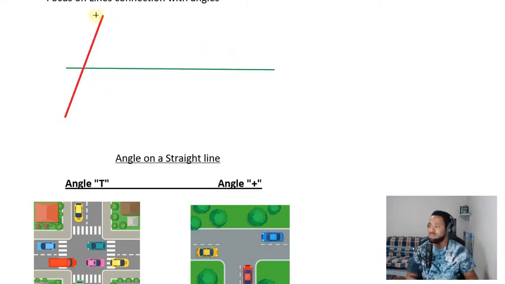So it starts from here, which is usually at, let's say, 1 degree, this is 2 degrees, 3 degrees, 4 degrees, 45 degrees, goes up to 85 degrees, and then 90 degrees, which is some kind of a T.